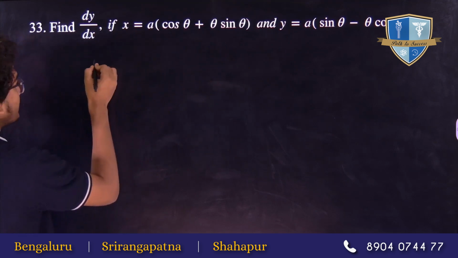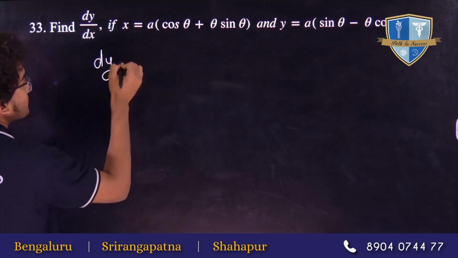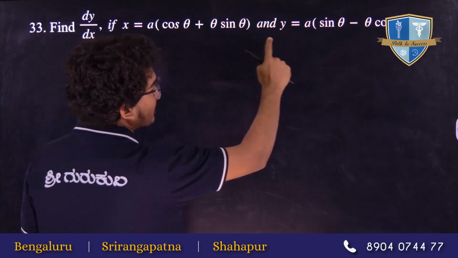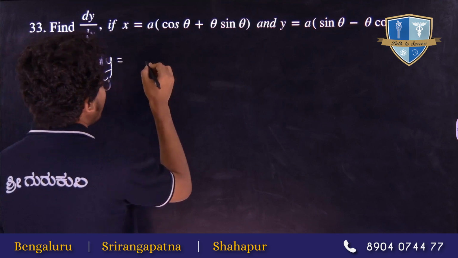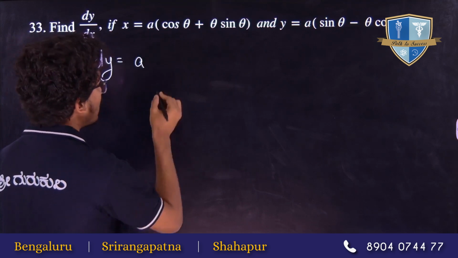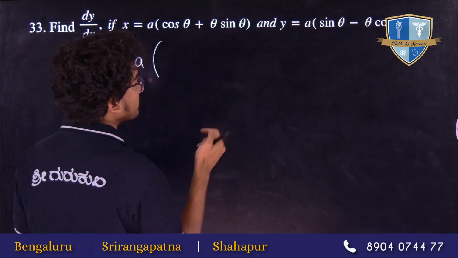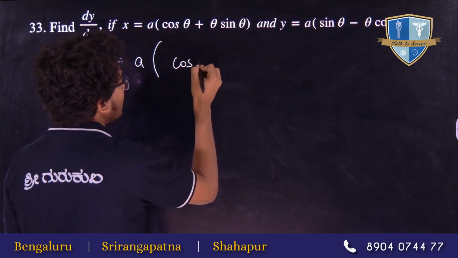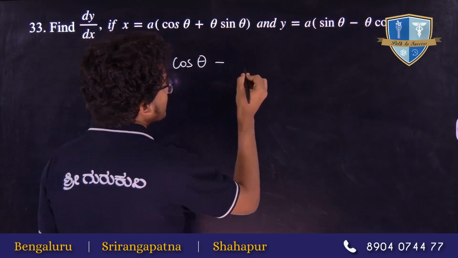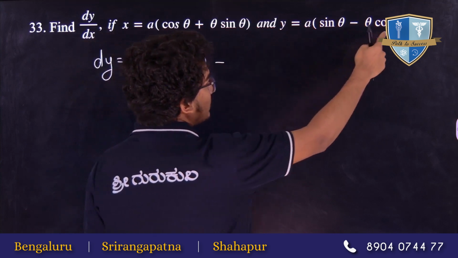So from the first equation, dy is equal to, we are differentiating this whole equation. Differentiation of y will become dy. A is a constant, so it stays outside the bracket. Differentiation of sin theta will be cos theta, correct? Minus differentiation of theta into cos theta.